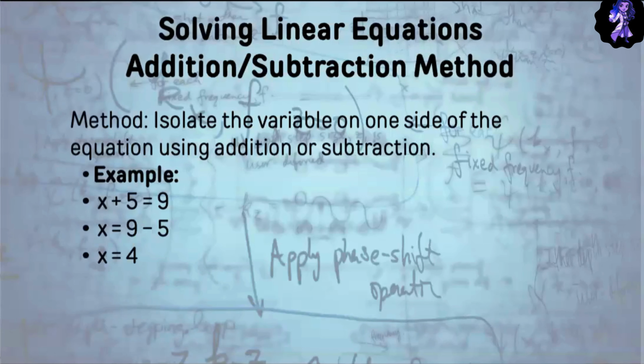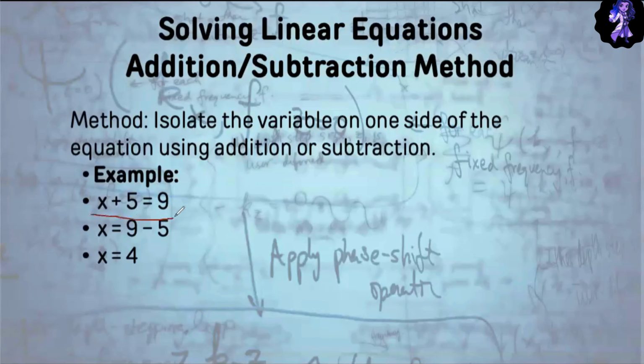Now let's talk about solving linear equations with simple addition and subtraction based problems. The point of solving linear equations is to isolate the variable by itself. So the point is to keep the variable alone. Let's try to solve this problem together.